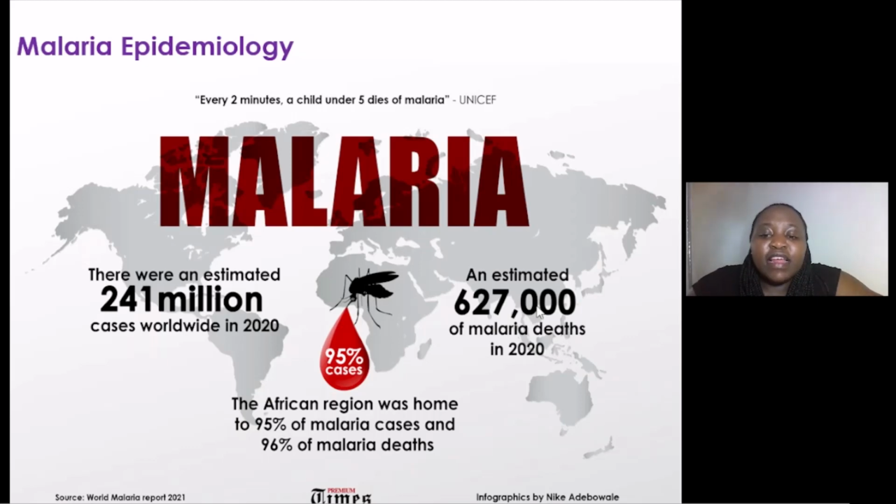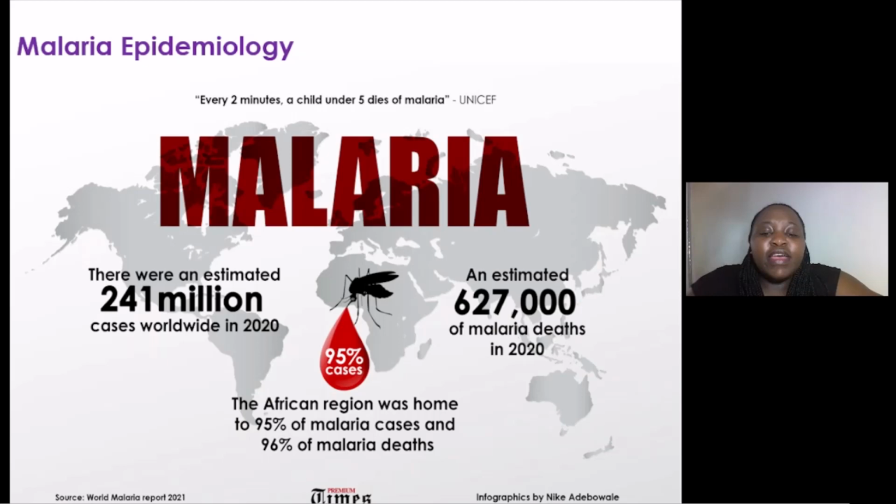And among these, an estimated 627,000 deaths occurred in 2020. Unfortunately, in the African region where I come from, where is now our home, we have over 95% of malaria cases. Of these 241 million, 95% are in Africa, and 96% of these deaths are also in Africa.